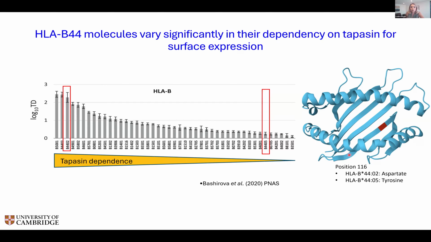And perhaps what's even more interesting is that these two MHC class 1 molecules, which lie at the opposite ends of the tapasin dependency spectrum, vary at position 116, found in the MHC F pocket, which is where we found TAPBPR binding was also significantly influenced. And again, this shows that minor variations in MHC class 1 can have a very significant effect on how they go through the antigen processing and presentation pathway.